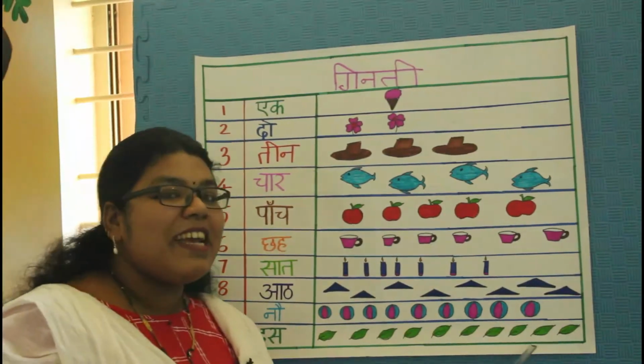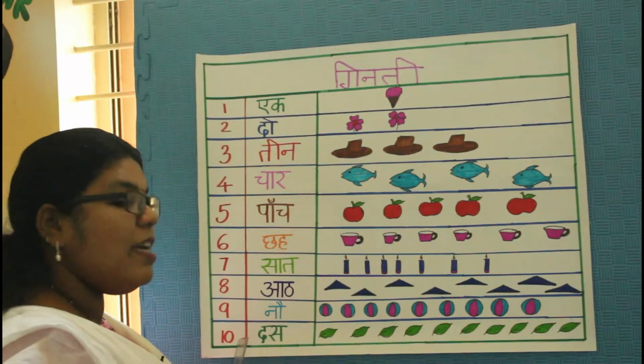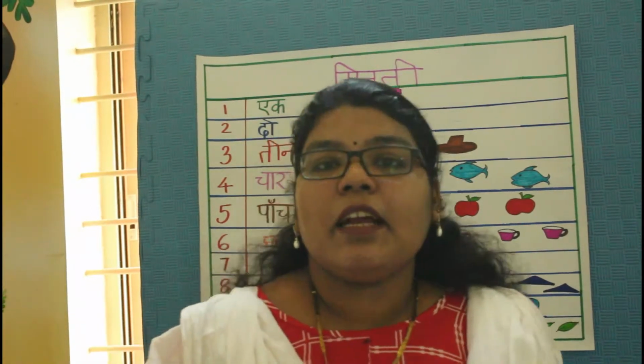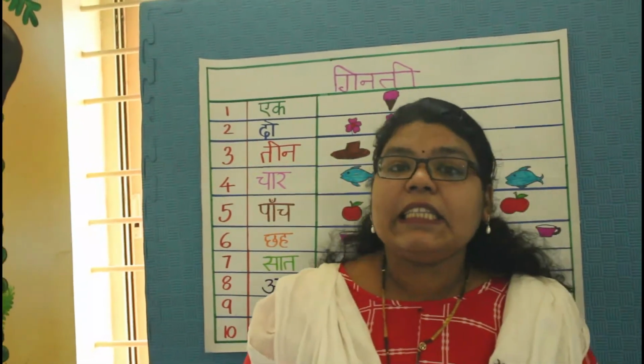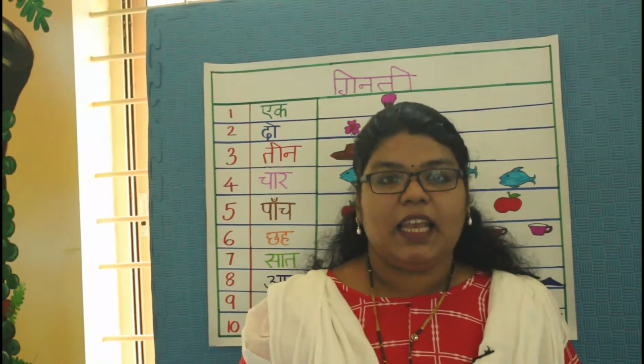There are 10 number of leaves. दस means 10. Understood, children? How to do counting in Hindi? Counting means ginti. Counting means ginti in Hindi.